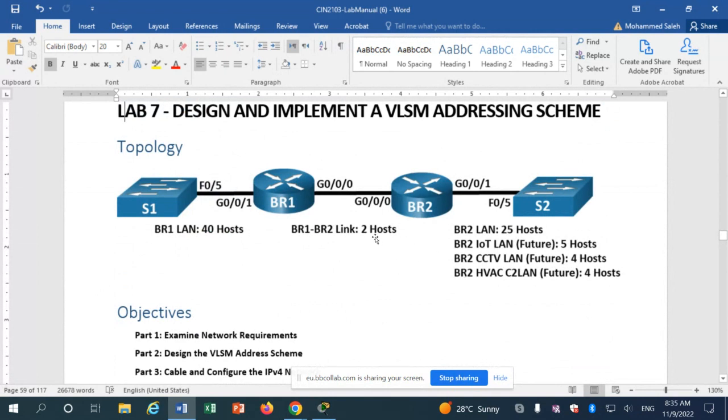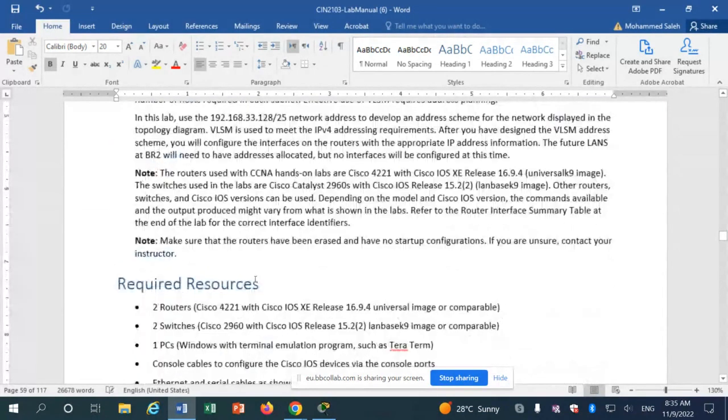The second one is 2 hosts. But then we have 25. We have 5, 4, and 4. Can you calculate them? 8 plus 5, 13. 13 plus 2, 15. 40, 40, 80. That's fine.